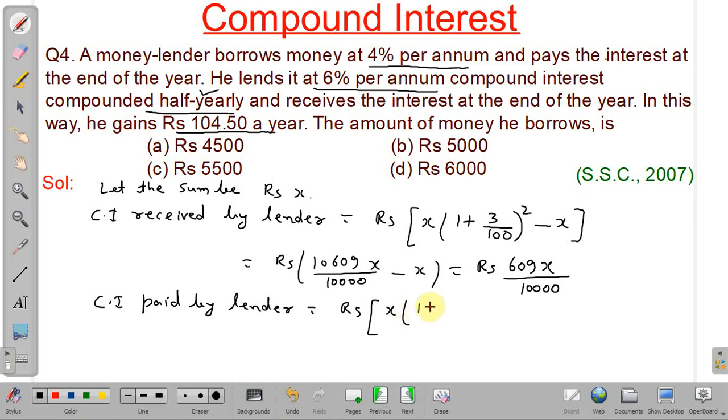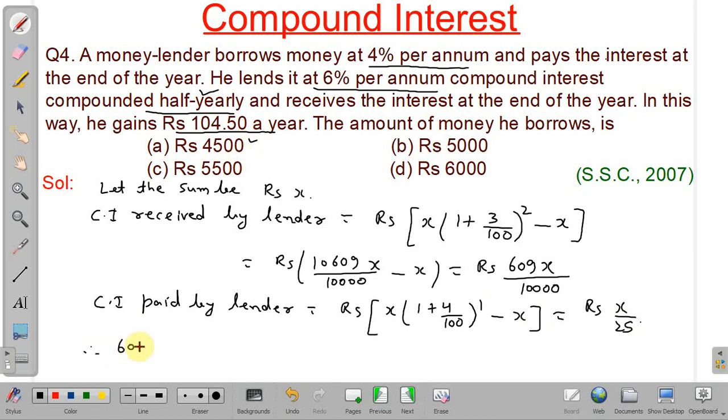So X into 1 plus 4 by 100, and time period is 1 year as it is compounded annually, minus X, and this will be equal to rupees X by 25. Now the difference will be equal to 104.50.